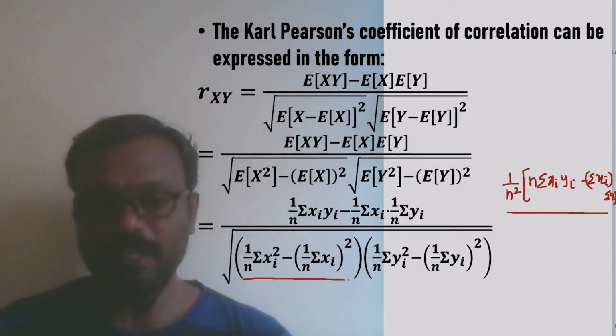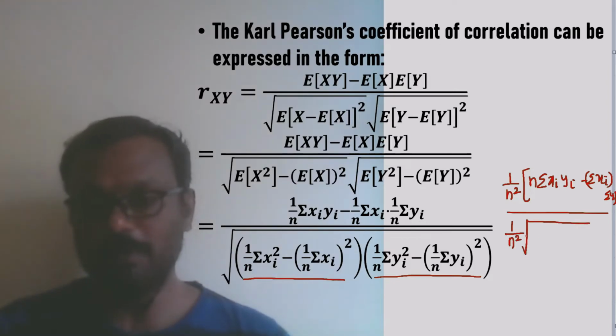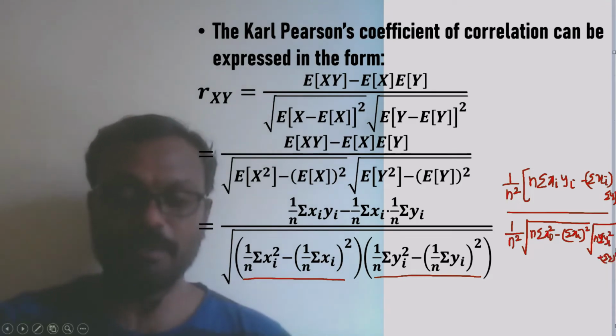From this factor we get 1 by n squared, from this factor we get another 1 by n squared. So when pulled outside the square root, we have 1 by n into 1 by n. Inside the root, we have only n, so we multiply by n: the square root of n into the sum of xi squared minus the sum of xi the whole squared, into the square root of n into the sum of yi squared minus the sum of yi the whole squared. However, we have listed this formula in the next slide.